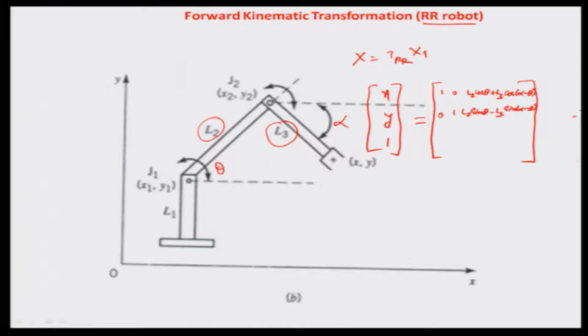where alpha is basically the total motion of the L3 with respect to L2, as I had verbally illustrated before.